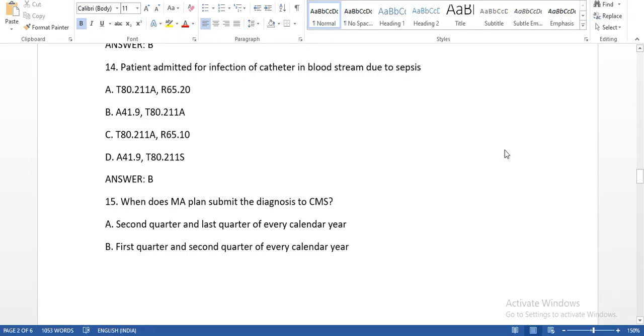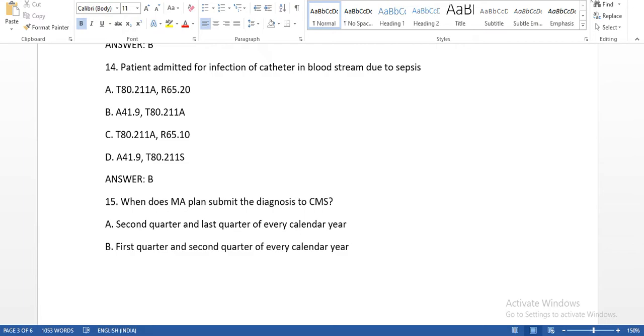Next, question 14. Patient admitted for infection of catheter in bloodstream due to sepsis. Among these four, our answer is B. First we will code A41.9 sepsis and next we will code bloodstream infection T80.211A, initial encounter.